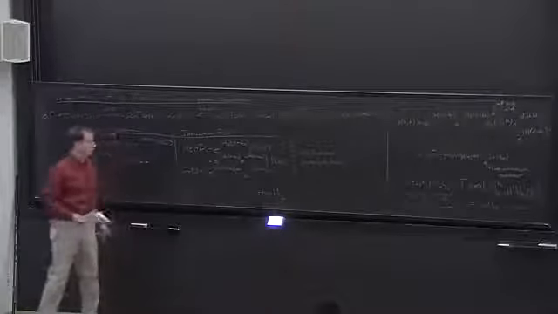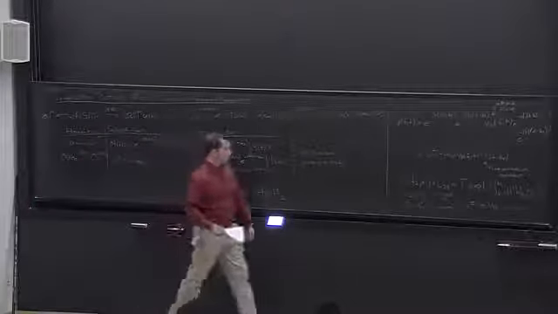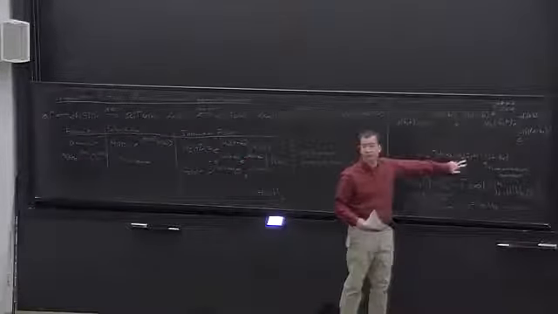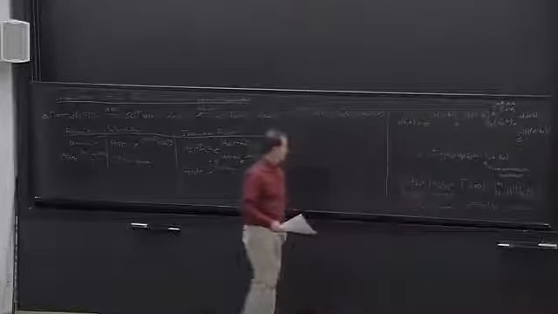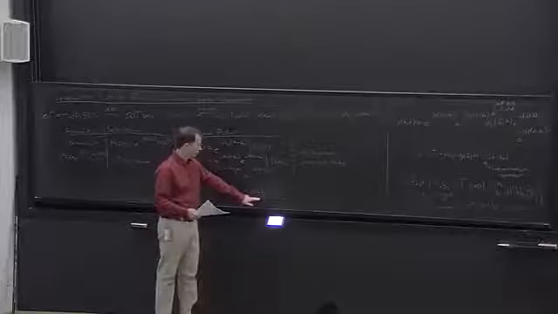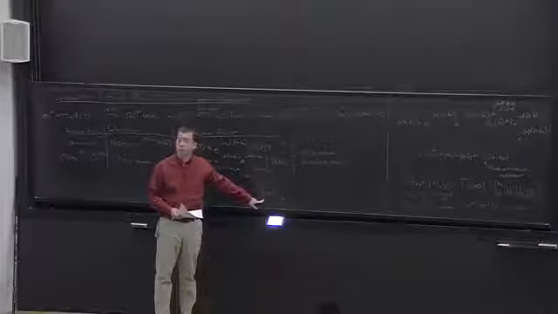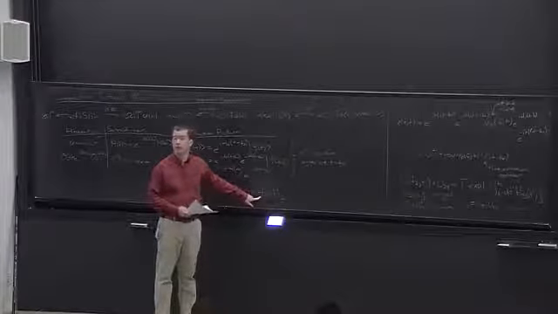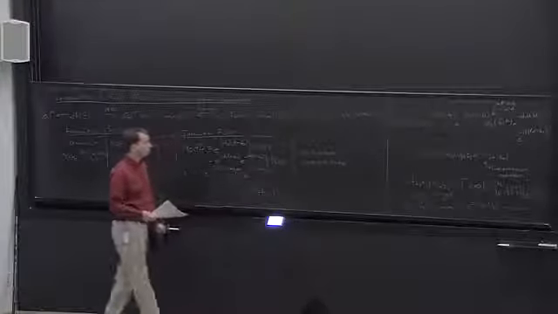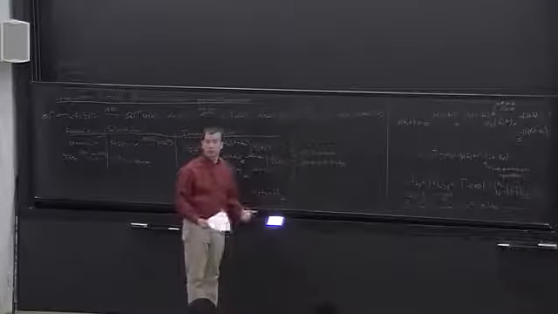It's a very common way of referring to the interaction picture fields, which I'll denote with the subscript 0. And implicit in that is that we're basically always going to choose H0 to be our Klein-Gordon Hamiltonian, or the complex version if we're dealing with a complex scalar field.